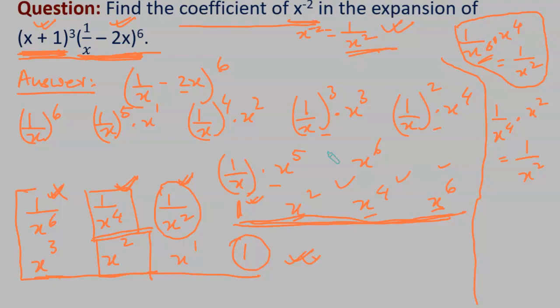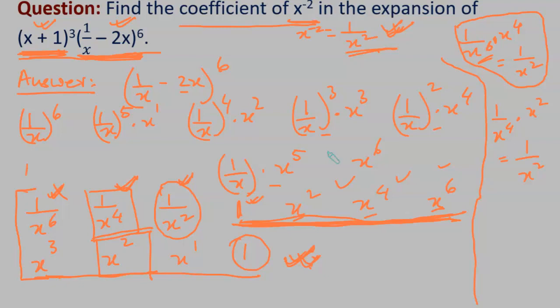Therefore, one of the two terms which are getting multiplied together should be having x in the denominator. Okay, but in this expansion we do not have x in the denominator, and these parts do not have x in the denominator. So we can safely disregard this part. Okay, so we have now seen which two pairs will be contributing to our answer.